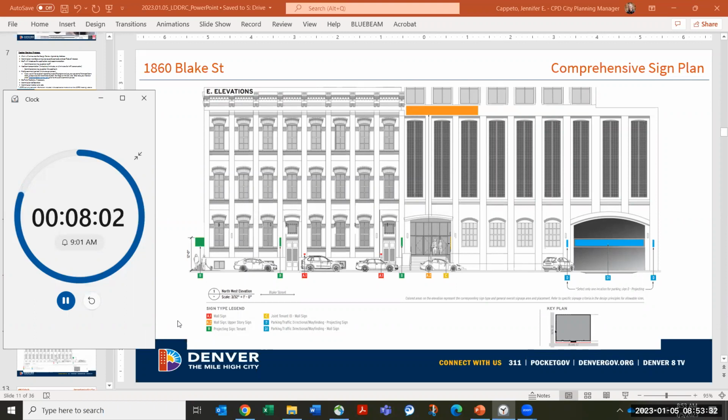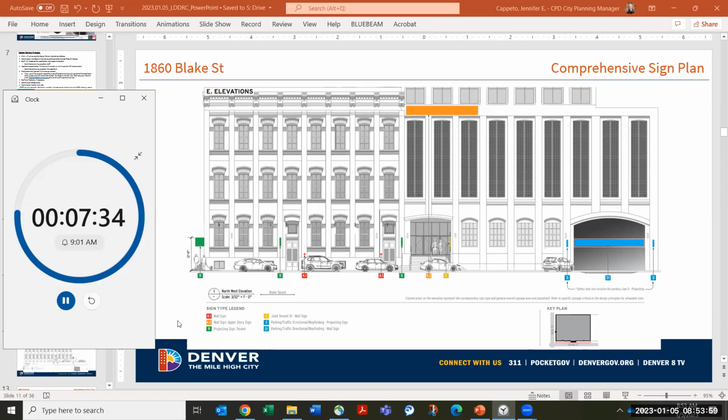The next largest thing would be over to the right, the parking and directional signage, D1 and D, which is also on the non-contributing side. We felt it was important to get those in the CSP to provide some constraint for future needs if the building owner decides to do anything there.